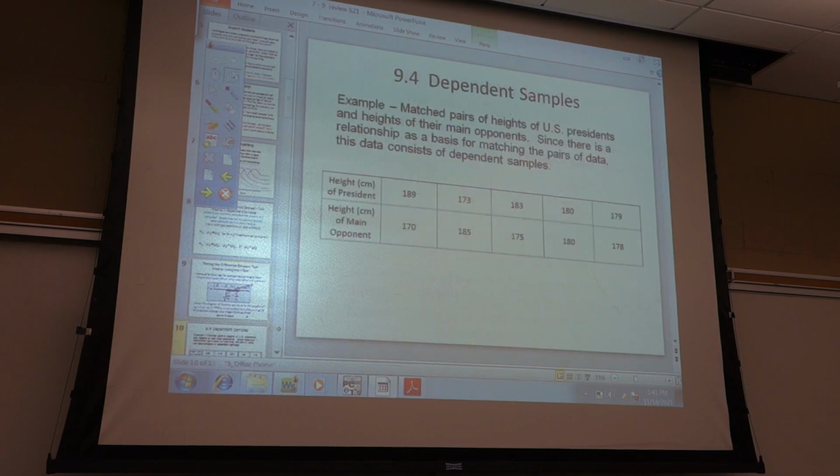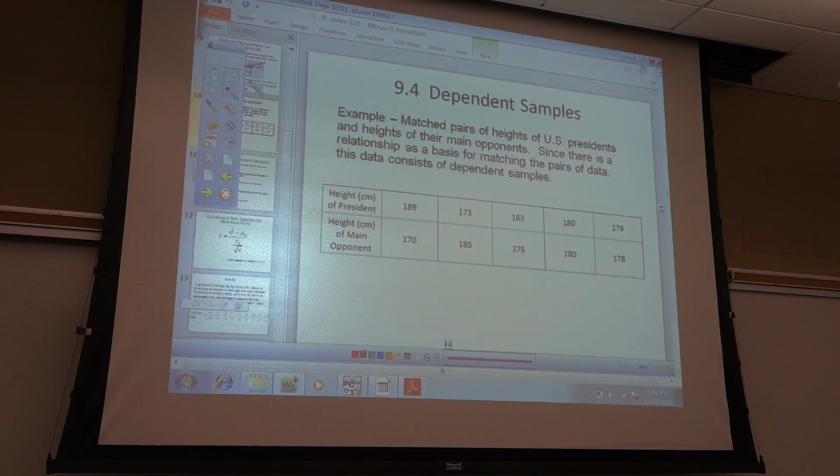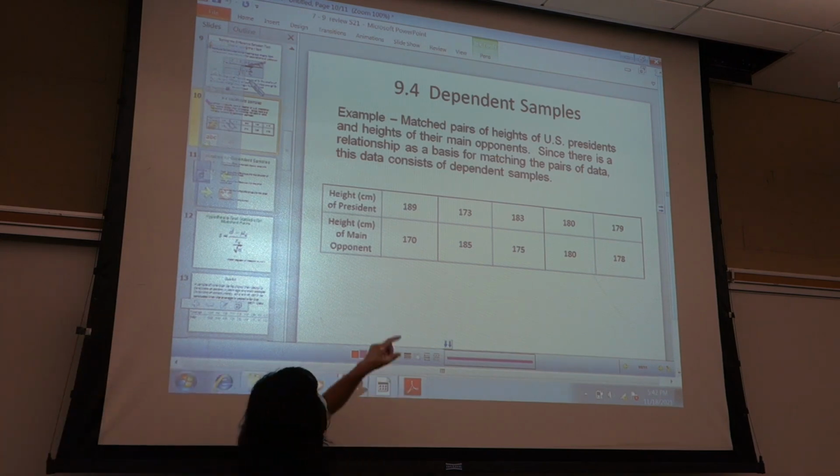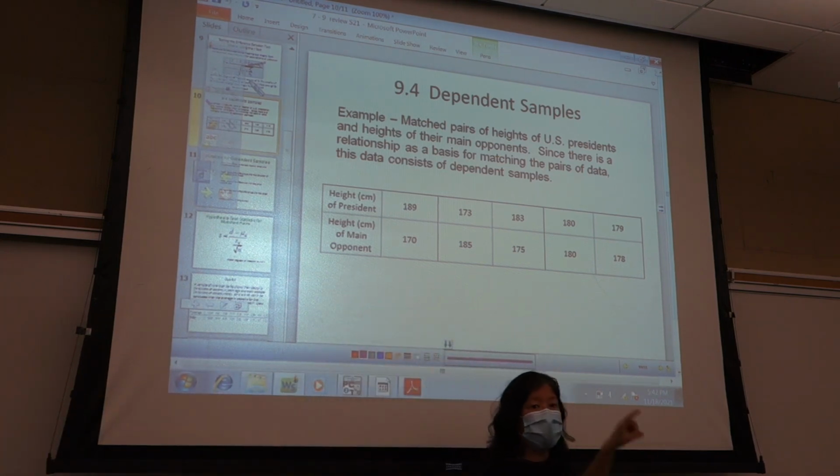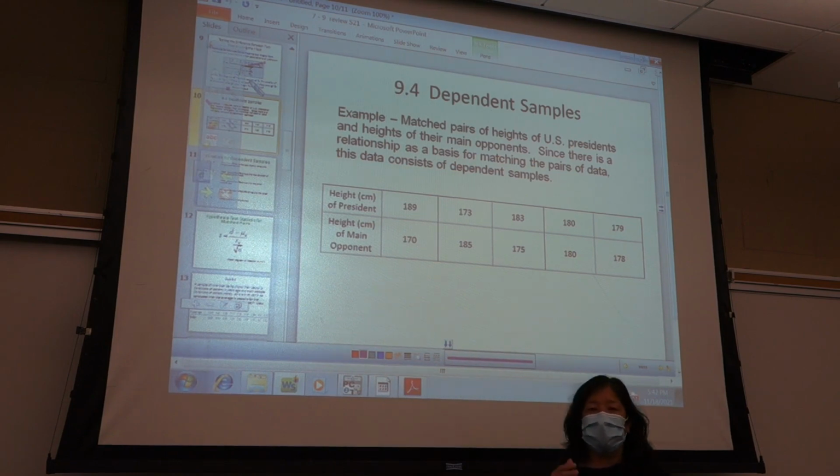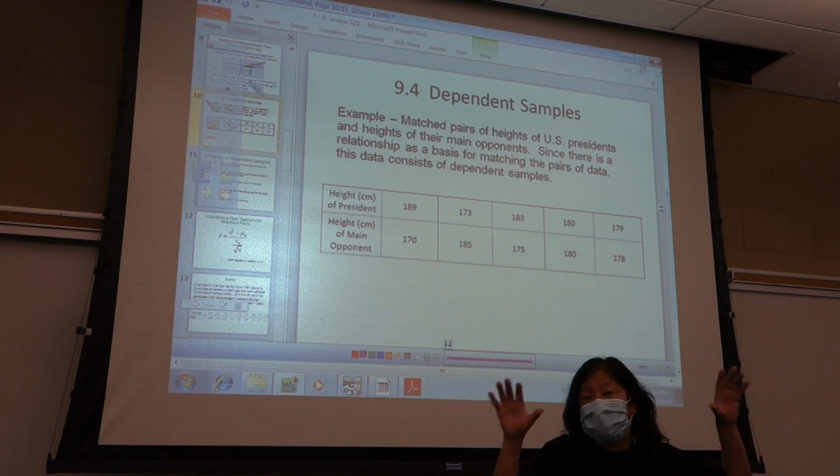Then we have our oddball, our dependent samples. Dependent samples are always matched up like this. They're not just a group and then another group. I can never just say, here's an X bar and an S, here's another X bar and S, because you can't take two different X bars.